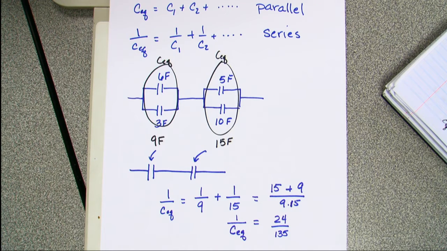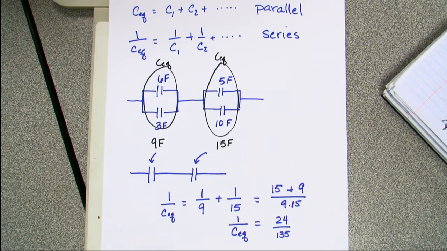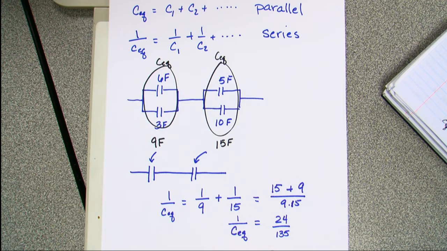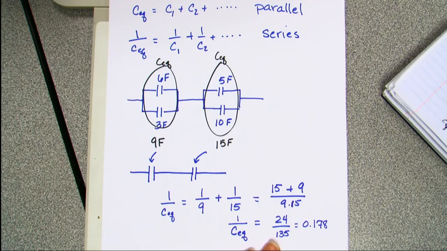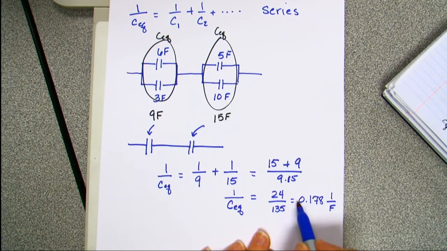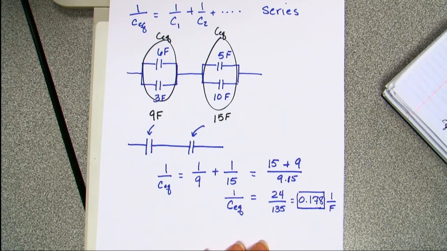The most common mistake when you guys are doing these problems, so let's go ahead and calculate this real quick. 24 divided by 135 is equal to 0.178, and this is 1 over farads. Your most common mistake is you plug in this number into WebAssign, and WebAssign says you're wrong.